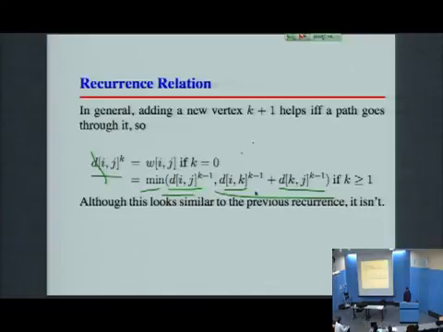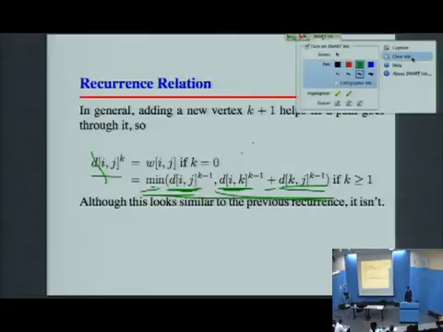If all these d's here are things I'm looking up in a table, how much time does it take to execute this whole statement? Constant. Why is it? It's constant time table lookup plus constant time table lookup plus constant time table lookup plus a min of two numbers. It takes constant time to update d_ij^(k) if we have these intermediate values. Any questions about that?